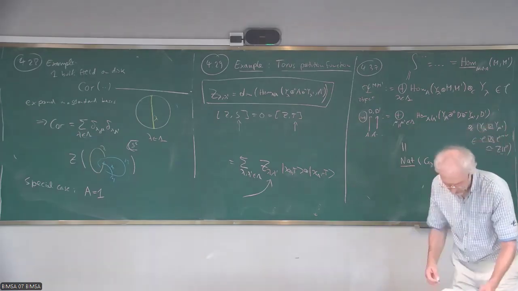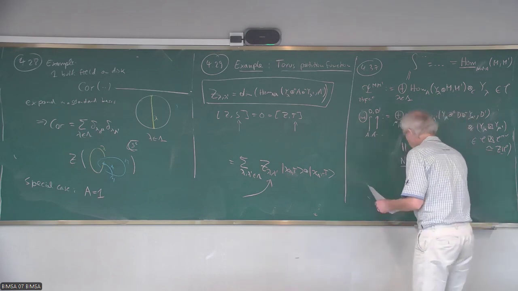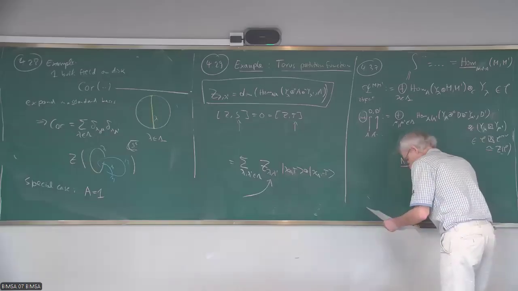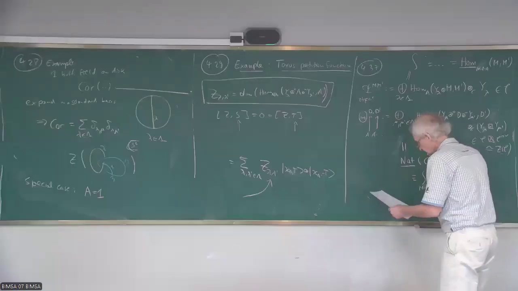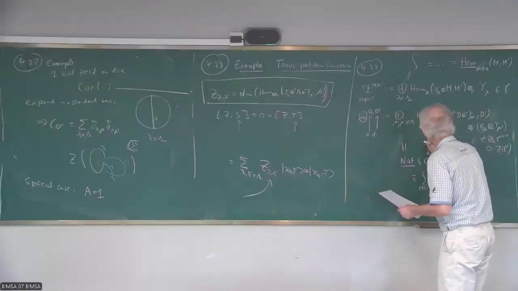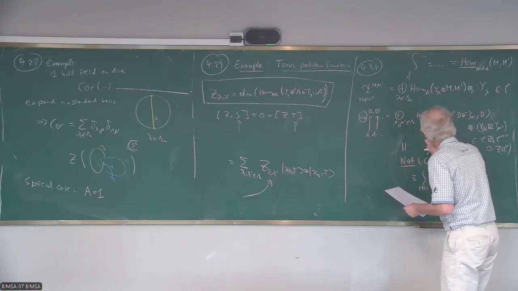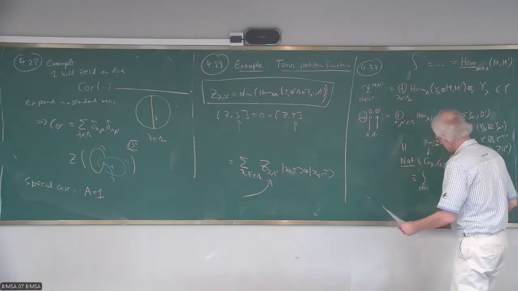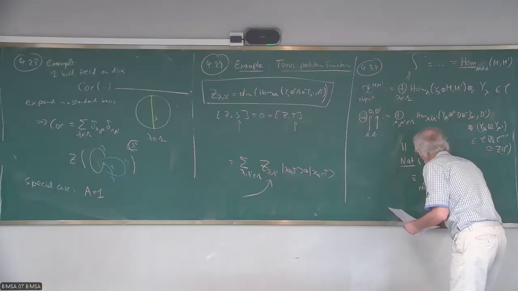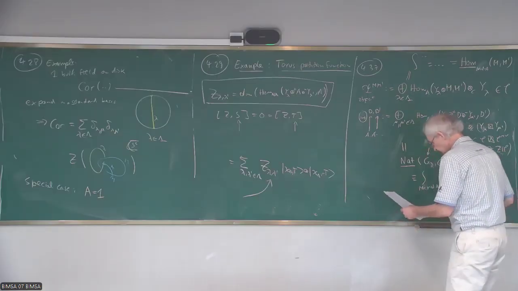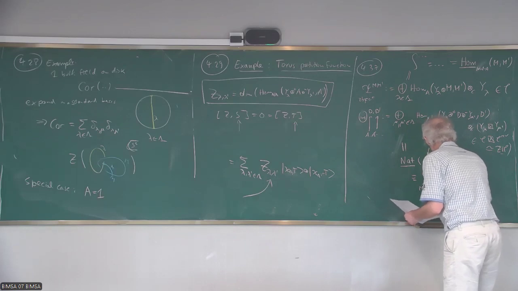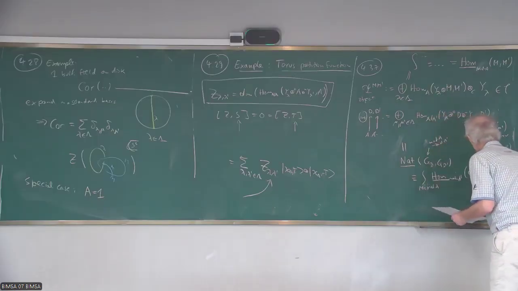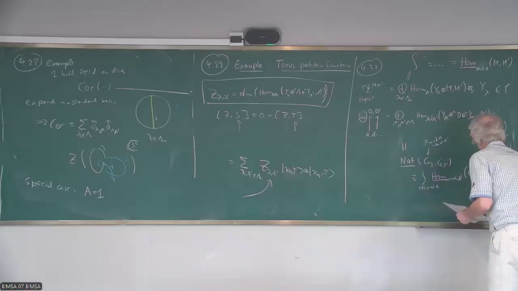And internal natural transformations, so these are functors from mod A to mod A prime, and then you have here M in mod A, and then here you have internal Homs in mod A prime of G_D of M, G_D prime of M.